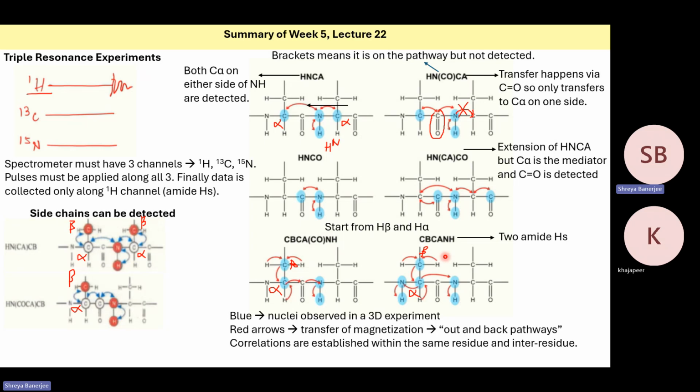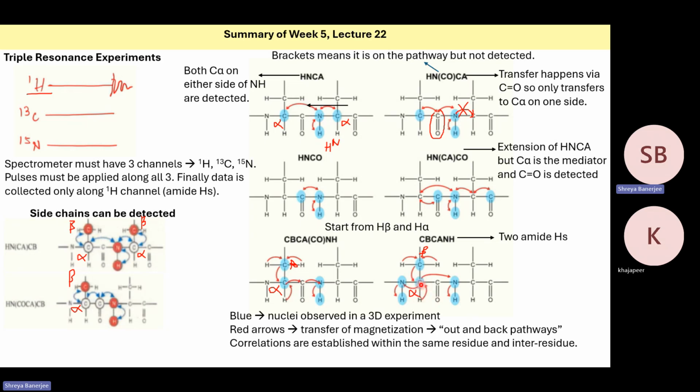And the final experiment is CbCaNH, where again you are starting from H beta. It's coming from H beta to C beta, which is detected, then to C alpha, which is detected. And as I said, if you're exciting H beta, H alpha also gets excited. So from H alpha also, it is coming to C alpha, which is detected.